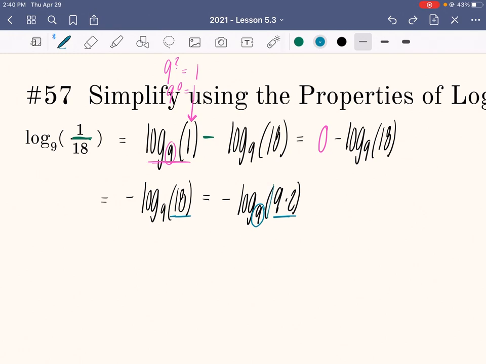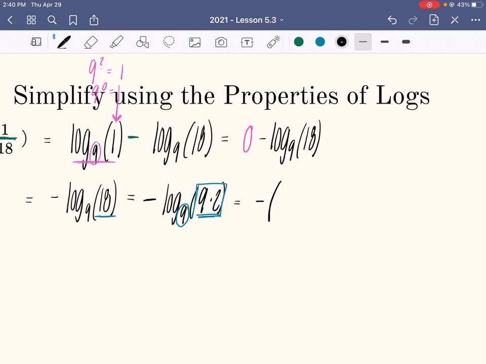And then looking at this is product property, so I can now split this up. So negative, I'm going to put a parentheses out in front of the whole thing because the whole thing's negative. So log base 9 of 9 plus log base 9 of 2 if I split that up. So I'm just separating the 9 and the 2.